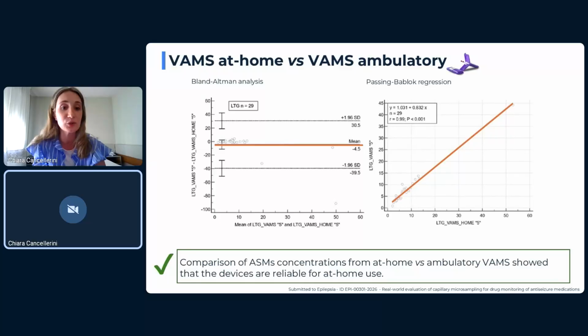On the right, the Passing-Bablok regression still highlights the linear correlation. In the summary box below, this direct comparison proves that VAMS devices are highly reliable for at-home use, and this opens a possibility for decentralized TDM at home.